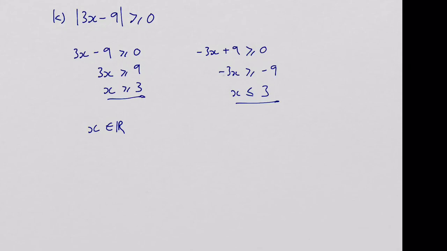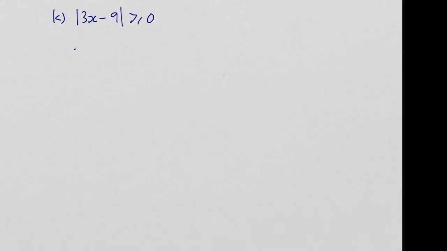Let me just delete all of this. So now in this example, we've got another greater than. If you look back on the previous slide when I spoke about a, b, and c, if we have the absolute value that's greater than your constant, then it means that the inside of the absolute value, 3x minus 9, is less than or equal to negative 0, or just 0, obviously, in this case.